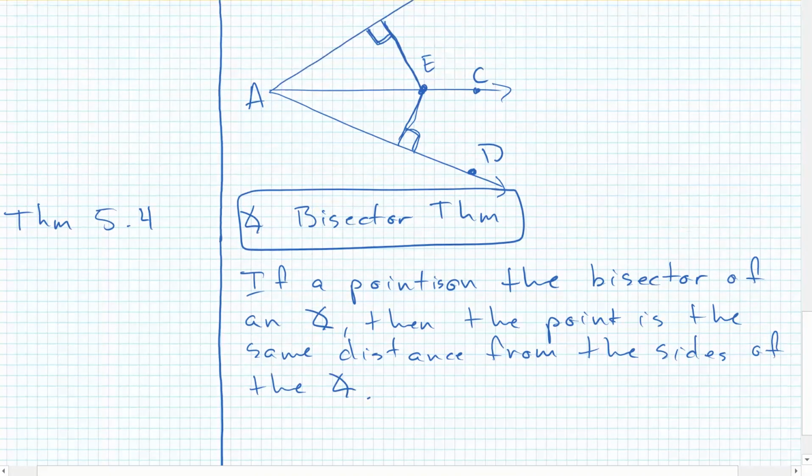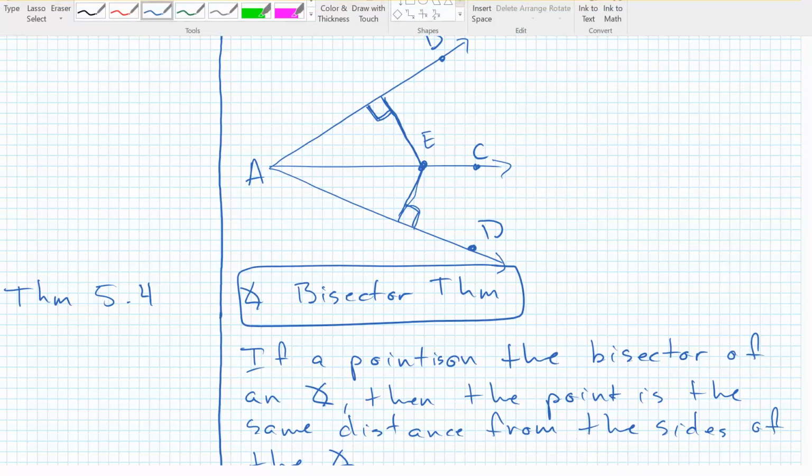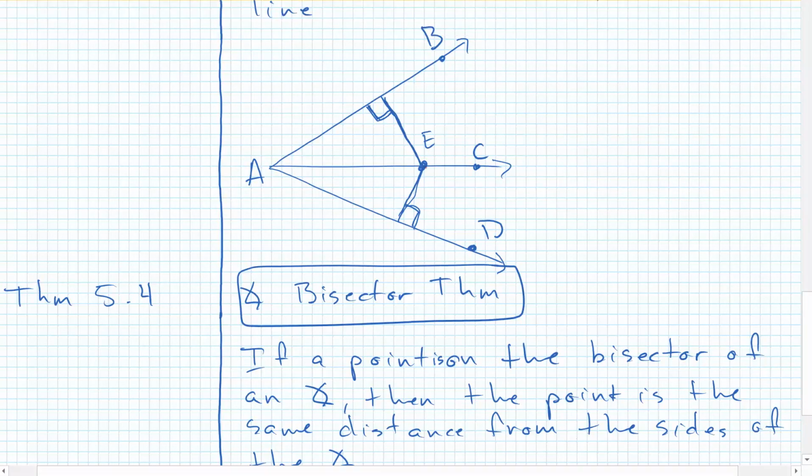Now, this works with our diagram here, and it can work in two different ways. So, if we have a point, letter E, and it's on the angle bisector of angle BAD, here's the deal. E is the same distance to AD as it is to AB. Now this works only if we have two right angles.